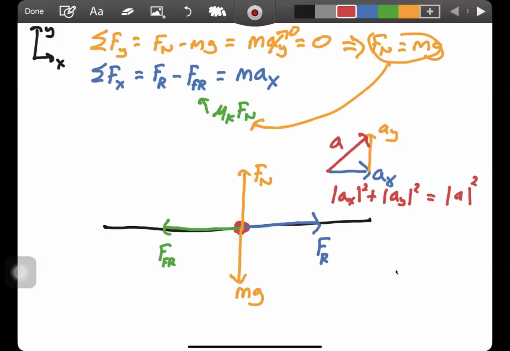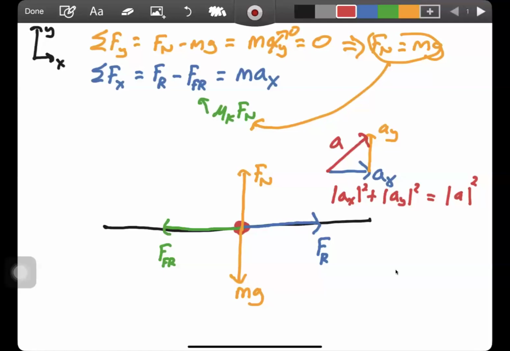So please review the video on vector decomposition if you have any confusion about vectors still. But essentially, you're using trigonometry. And in this case, you would be using the Pythagorean theorem to take components and add them back up to get the resultant.